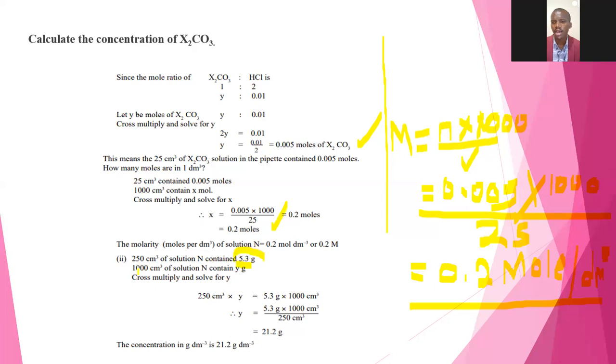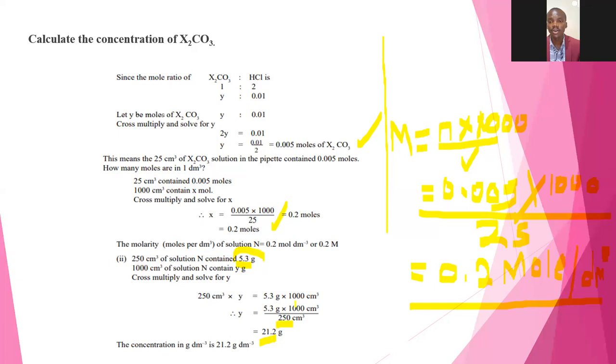So what of 1,000? We get the concentration of this one as 5.3 times 1,000 over the volume used, which was 250. So this 250 will help us to get the concentration of the carbonate in grams per liter.